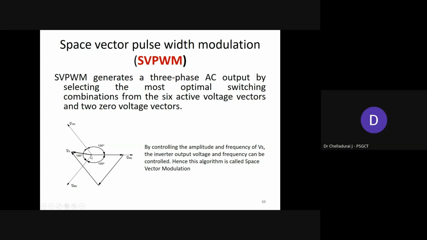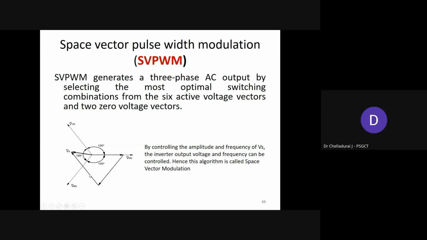For example, this Vs is the actual required output, or this Vs is used as a control parameter to produce a 3-phase AC output. This particular Vs is nothing but the vector sum of Vrn, Vbn, and Vyn. The vector sum of these 3 will give this particular value.